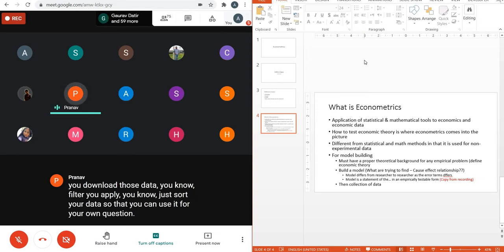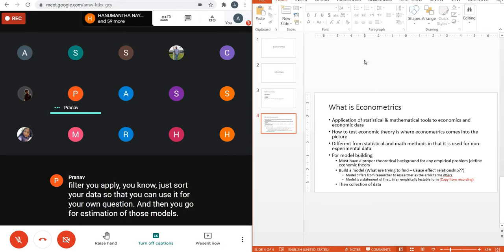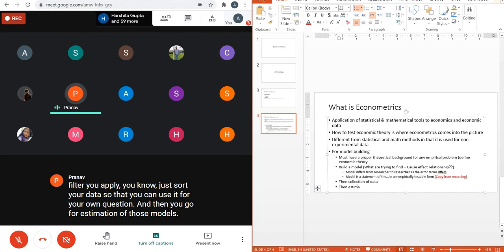And then you go for estimation of those models. What precisely estimation of model is, कि पहले आपने ये मॉडल बनाया, उस पे आपने डेटा कलेक्ट किया, आपने उस सारे डेटा को यूज किया, and then you are estimating. That is, estimation is about the parameters that are used in the model.